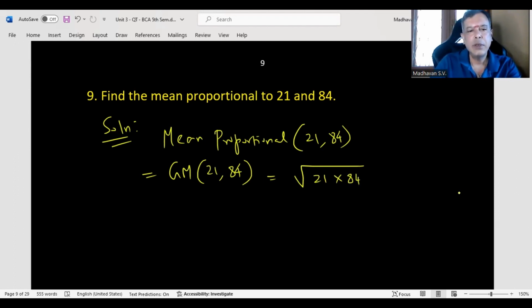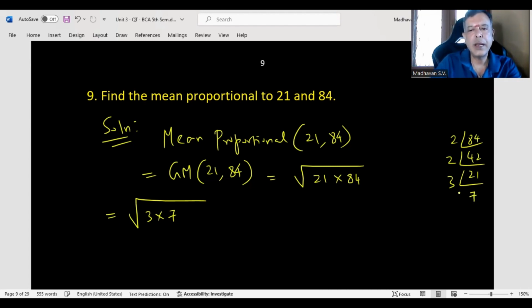Now we can rewrite this 21 as 3 into 7. 84, let us factorize it: 2 times 42, 2 times 21, 3 times 7. So we can write 84 as 2 square into 3 into 7.